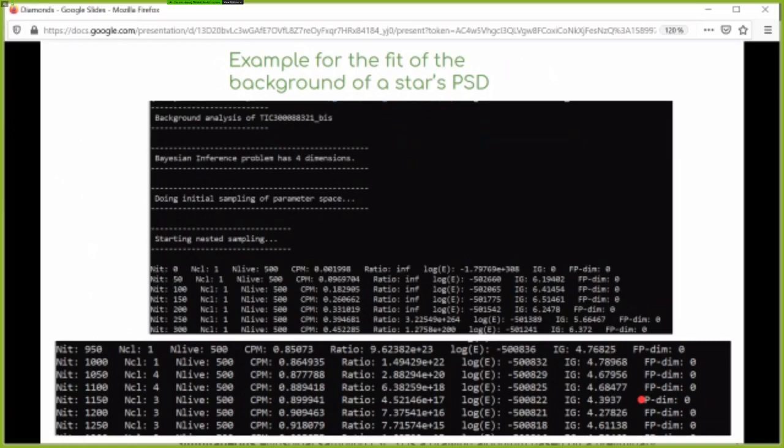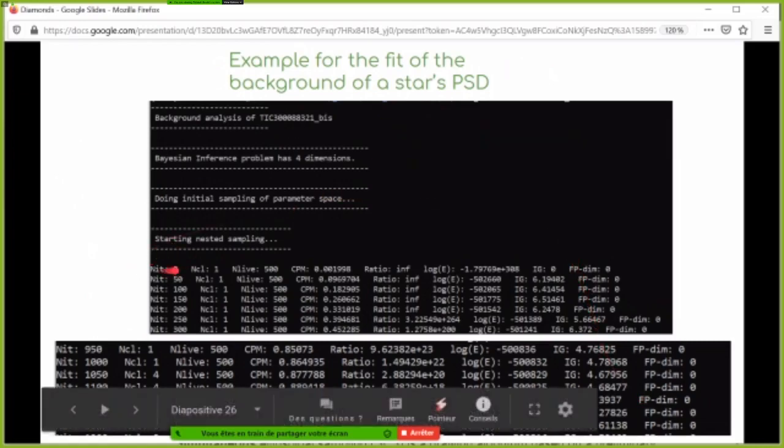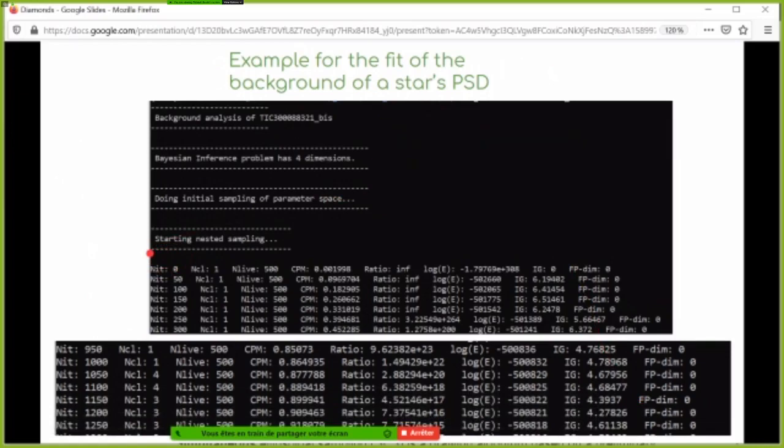N-it here is the number of the current nested iteration. Then NCL is the number of clusters, and it will vary within the allowed range as the computation proceeds. Then the number of live points you choose to sample your parameter space.